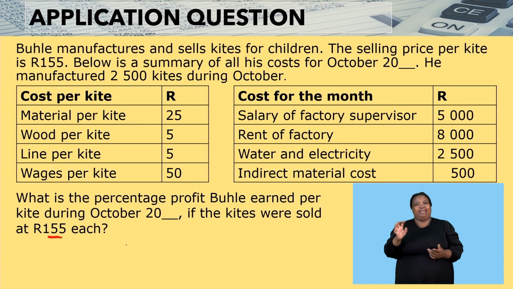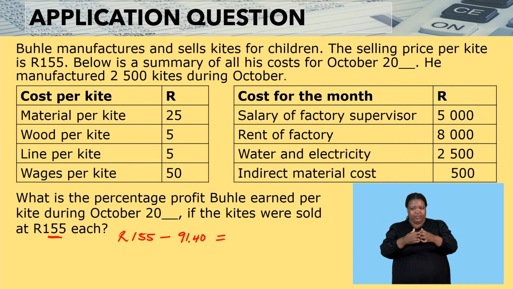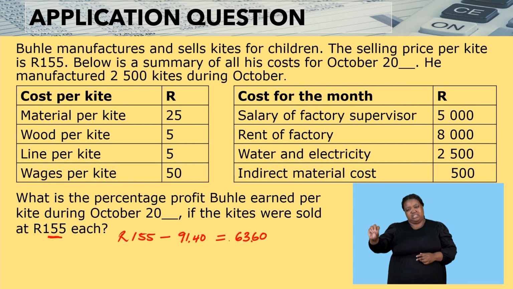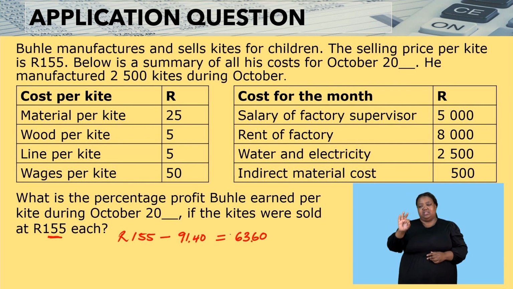Here they've given us the price at which they've sold the kite. So they've sold the kite at 155. But it costed us, remember, 91 rand 40 to produce each kite. So the profit that we're making per kite is 63 rand 60.